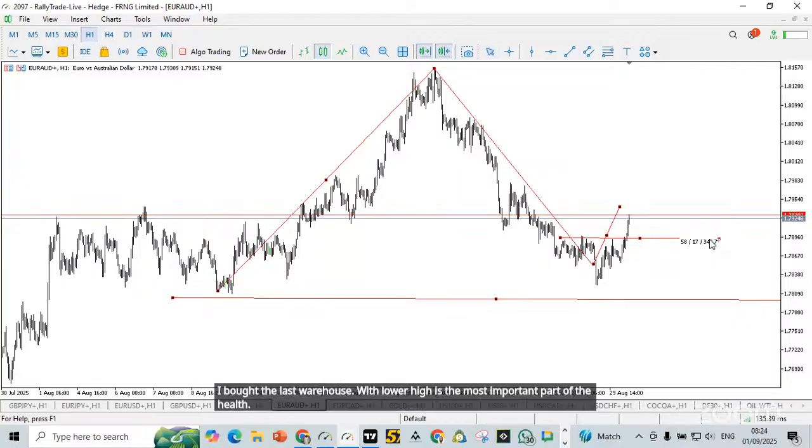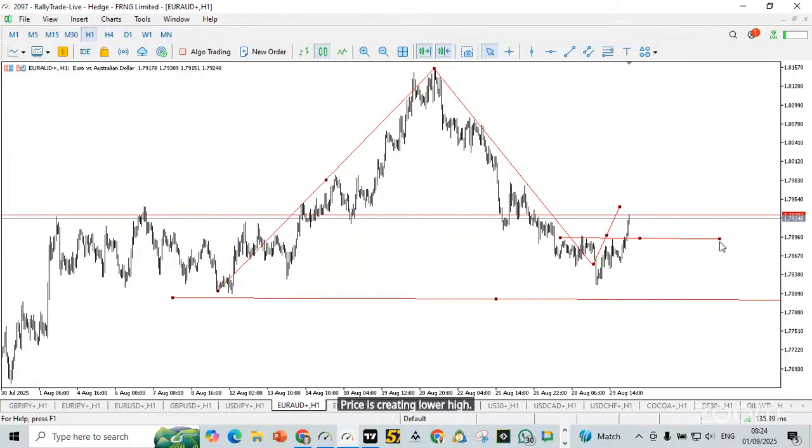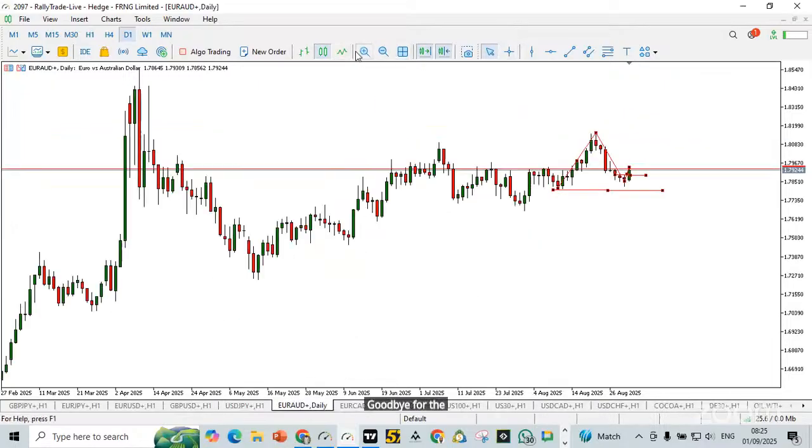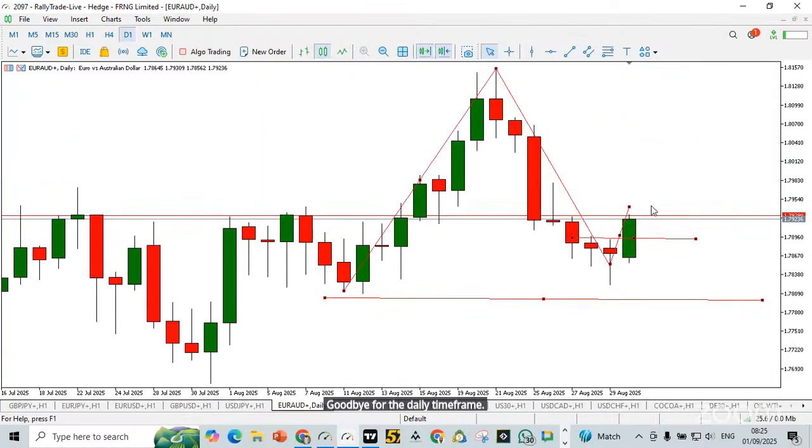As long as price is creating lower highs, price is most likely to continue in that down. So we can see currently that there's something called change of character. That's what has simply happened here. Price has gone above the last lower high. So the buy for the daily time frame has shown signs of stronger continuation.